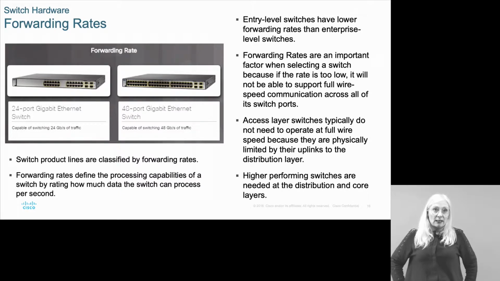The forwarding rates, find out what you need. Of course, if you buy a new switch today, you will not buy a 10 megabit switch. You will typically buy a gigabit switch. And then you can consider if you want some of the ports to be 10 gigabit, for instance.